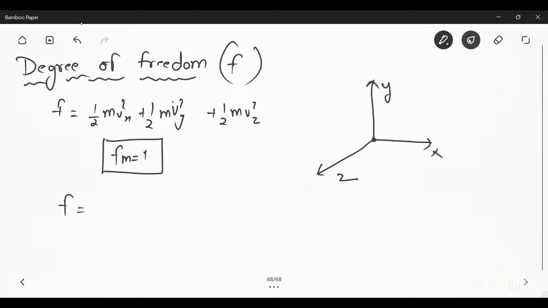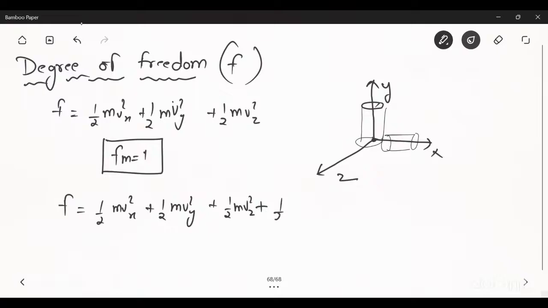Degree of freedom for a diatomic molecule is 5 because it can also move in three directions, but along with that, it can also revolve about the y-axis, and it can also revolve about the z-axis or x-axis. Those two particles can move in the xy-axis, or the yz-axis, or the zx-axis. It means they can rotate only about two axes out of three axes.